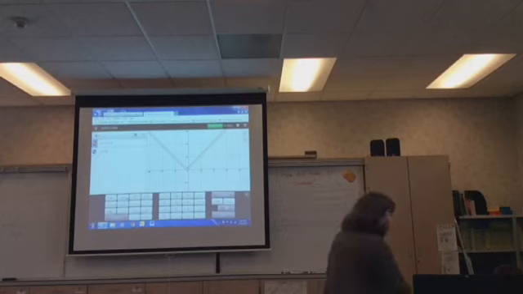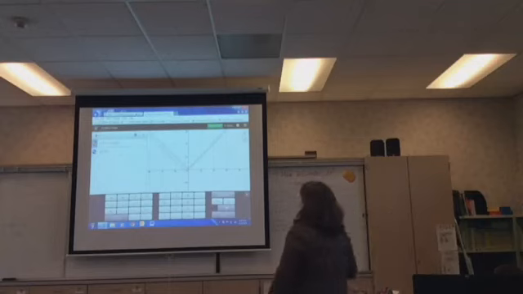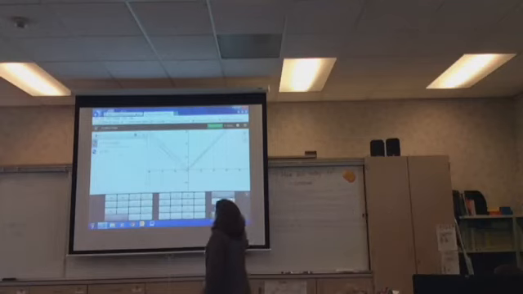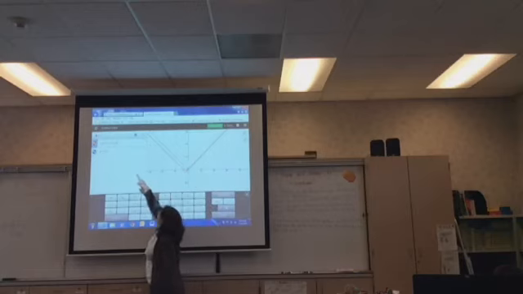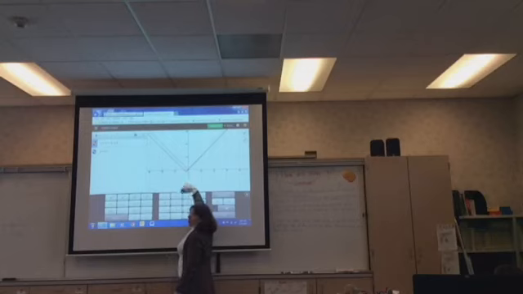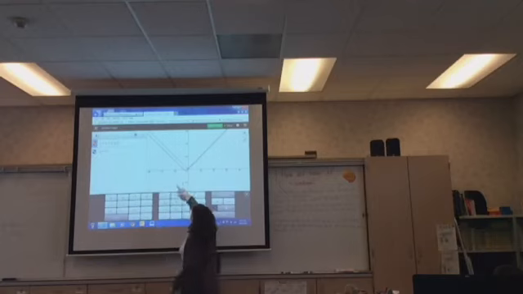Then we said, what happens if we added or subtracted outside the absolute value sign? And we said that moved it down to exactly that place in the y direction, didn't it? So we moved it to -4 because it said +4. We moved it down to -3 because it says -3 on the outside of that.